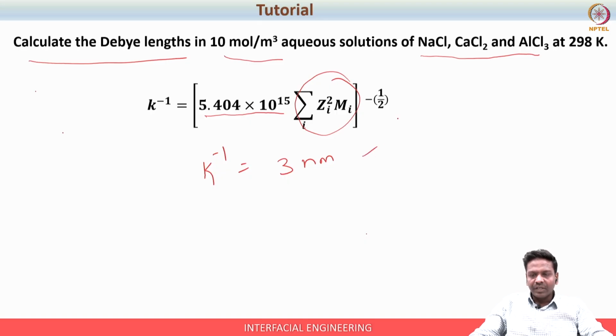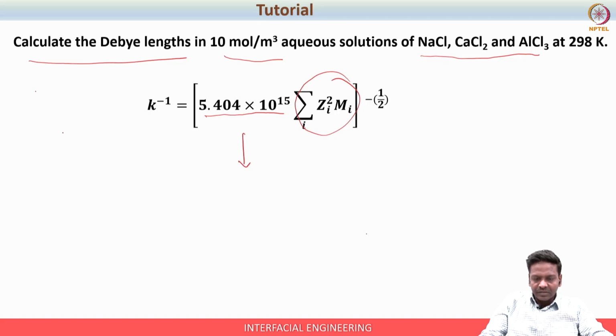Now, what about calcium chloride? Calcium chloride can be calculated in the same way. The rest of the thing will come as it is, that is 5.404 into 10 power 15.